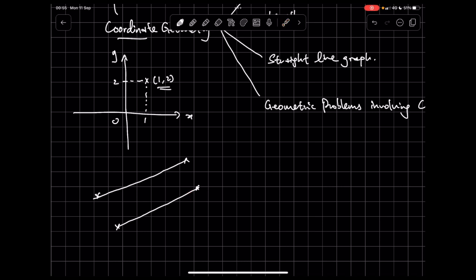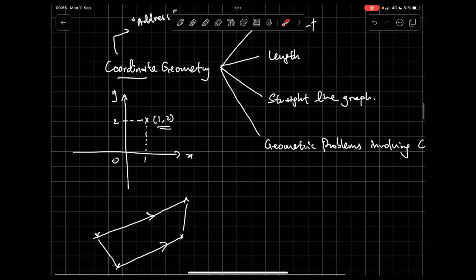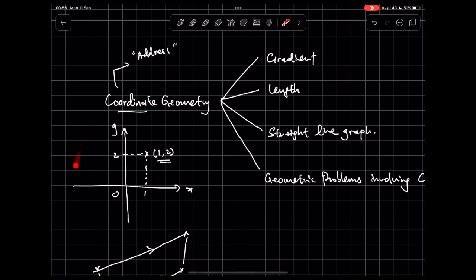And what if we join these two? Let's say this bottom line is a bit shorter. Let's say we join the points and we get something called a trapezium that you should have learned before in your topic on polygons, quadrilaterals. So coordinate geometry makes use of a coordinate system, and it allows us to study objects in geometry, things like shapes, things like lines.